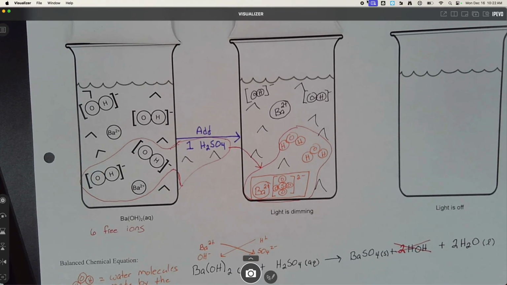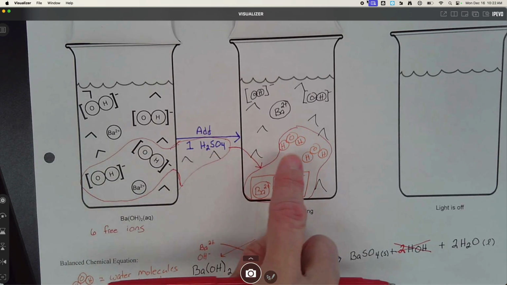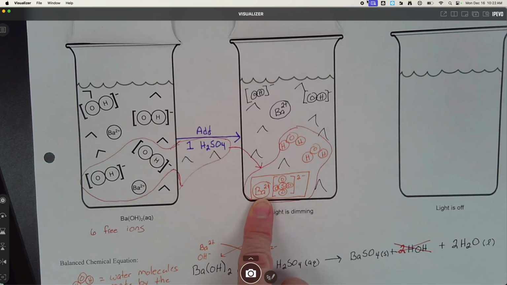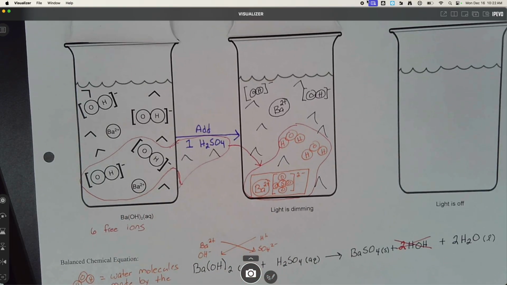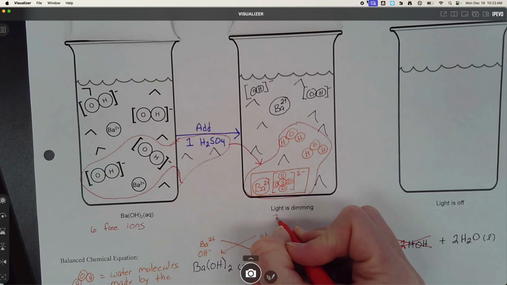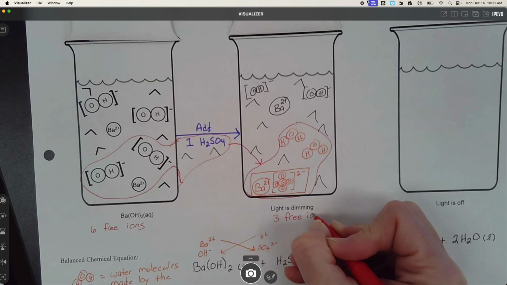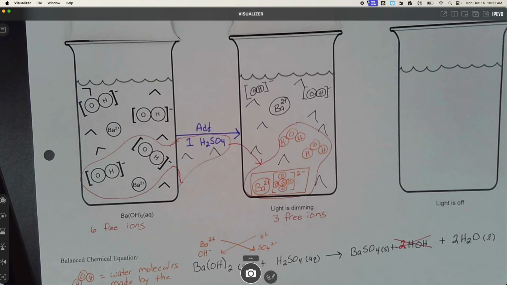In making that, we basically took some of the ions and we captured them so that they can't conduct electricity anymore. We captured 2 hydroxide ions and turned them into water, and we captured a barium ion and stuck it to a sulfate so that it's no longer free to move around. We ended up with only 3 free ions by the time we did this first batch of reactions.